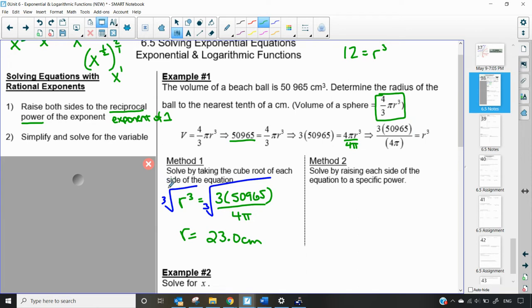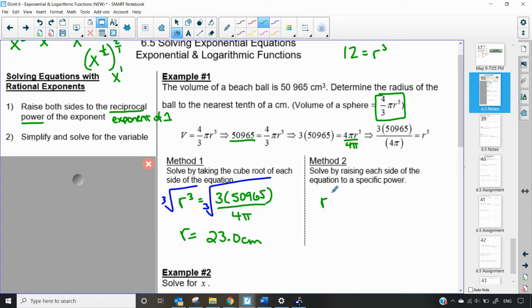So anytime we have a squared or a cubed or an exponent to the fourth, we can certainly solve by taking the cube root or the square root or the fourth root. But particularly when we get into fractional exponents, where we have like a 1/2 and a 1/3, there isn't a way to do it that way on our calculator. So another way that we could solve this problem is by raising our exponent to the reciprocal exponent.